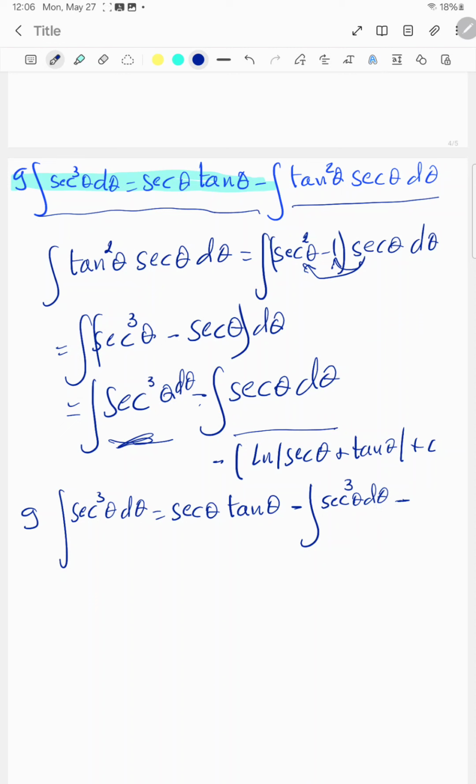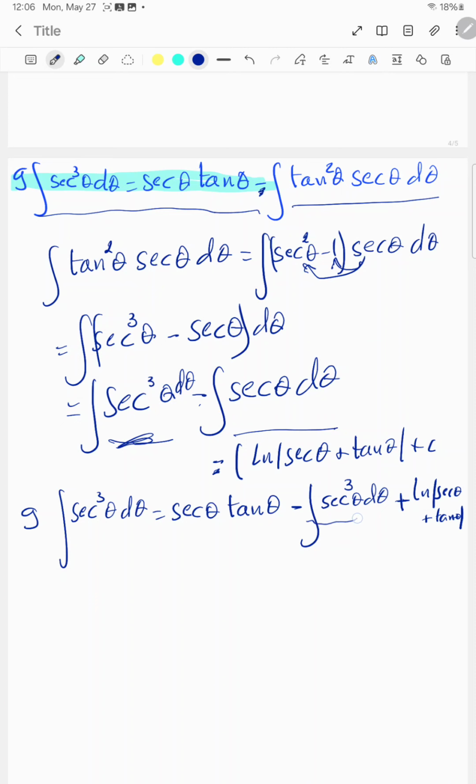So I have that minus for all that, so that minus times that minus is plus ln of sec theta plus tan theta, and I will add the plus c at the end.